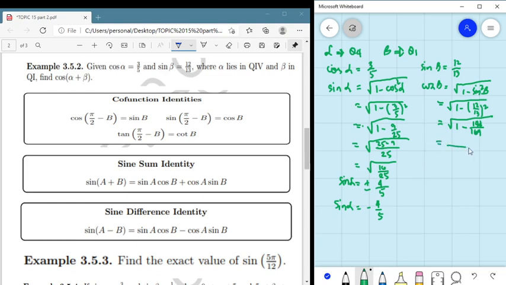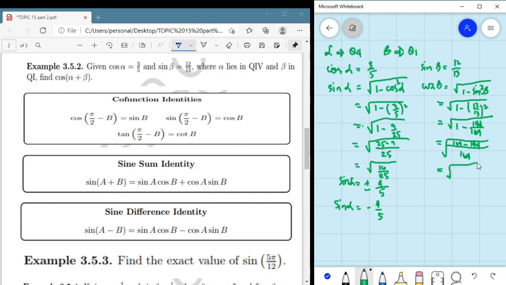Getting the LCD, which is 169, 169 divided by 1 times 1 is 169, minus 144 is 25.